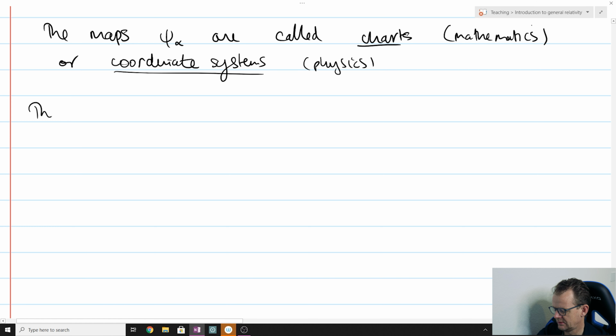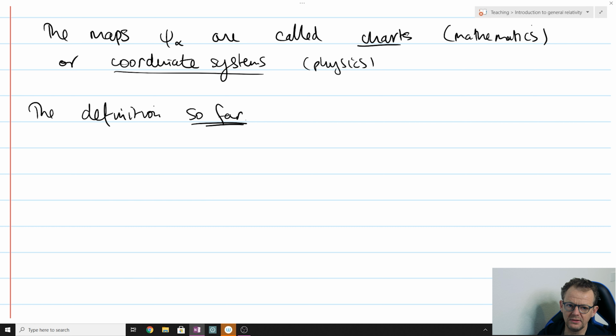Now, it's sort of important to say that the definition so far, we're not quite done with calling this a manifold yet. The definition so far depends on our choice of O alpha, sorry, and psi alpha. Meaning, and I mean this in the following sense, let's go back to our definition.